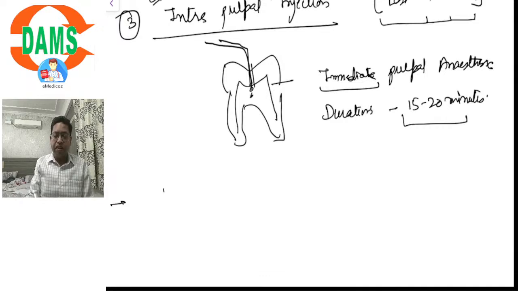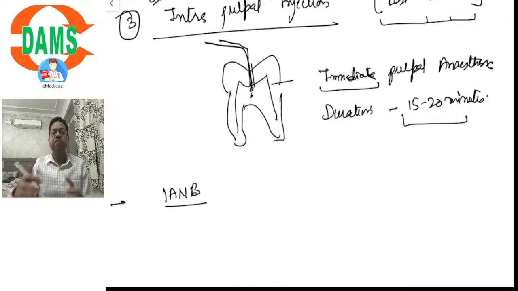Now in a patient in whom we have given inferior alveolar nerve block, there would be lip numbness, numbness of the tongue on the same side, apart from the pulpal anesthesia that we have attained. Now we have completed the procedures in about 1 hour or so, but the patient's soft tissue numbness, like the lip numbness, tongue numbness, would last for nearly 2.5 hours, or maybe more at times.